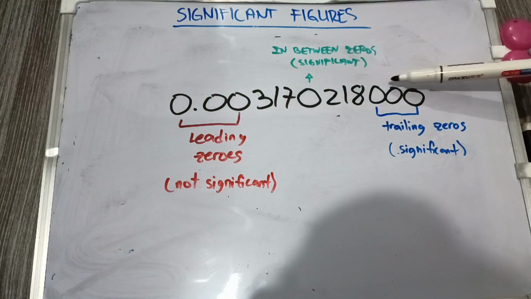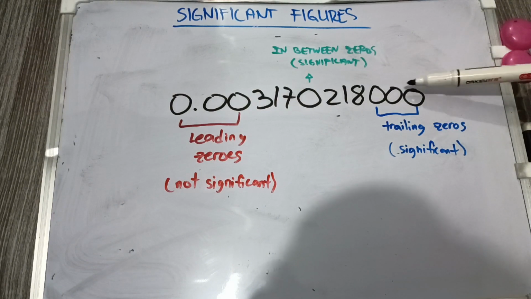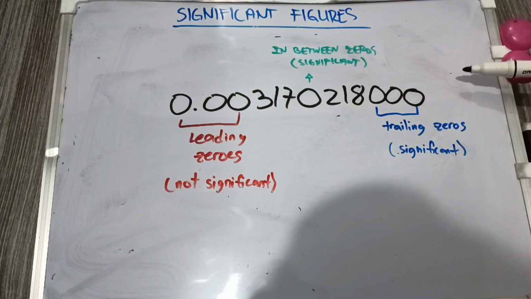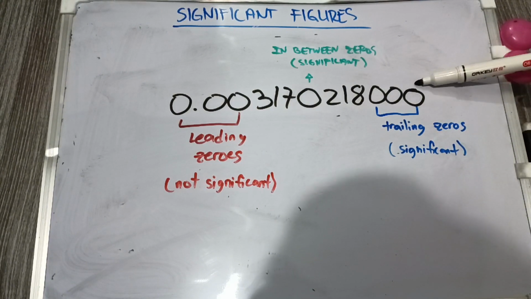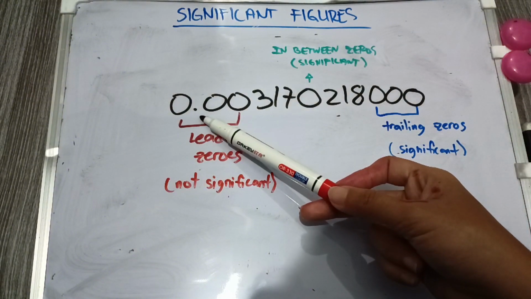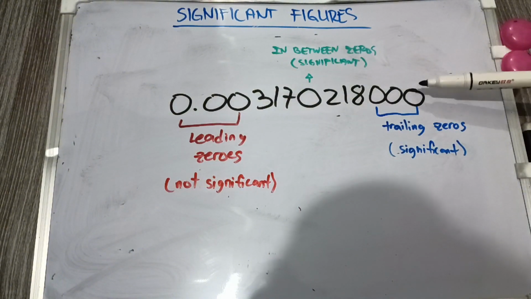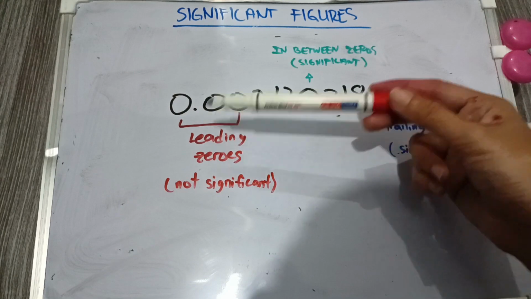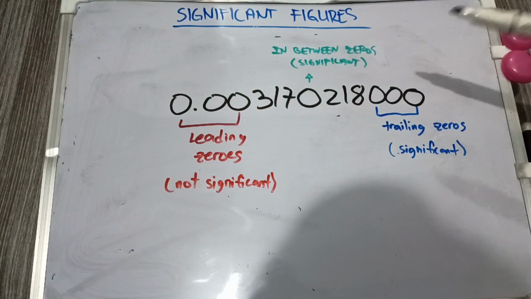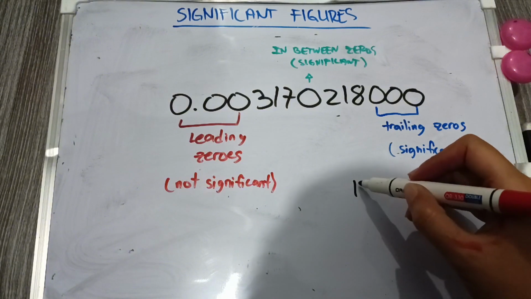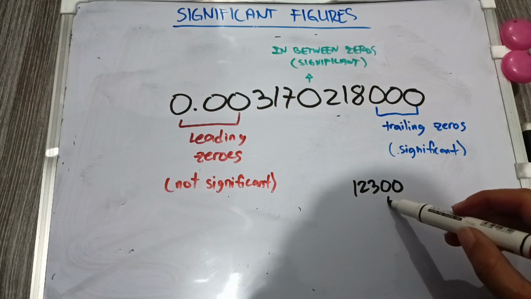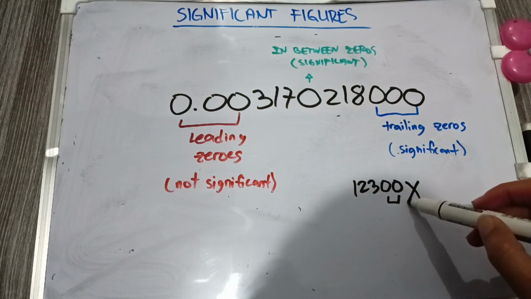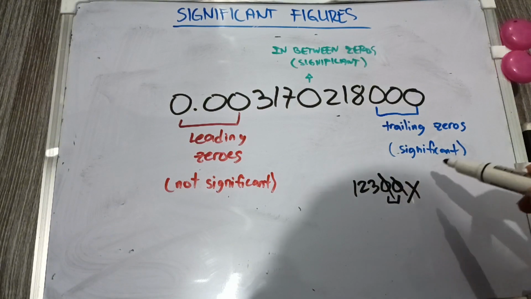Now, what if there are zeros at the last? Trailing zeros, or zeros placed at the last, are significant only if there is a decimal point. But if there is no decimal point, like for example 12300, the trailing zeros in here are not significant. So we cannot use those.